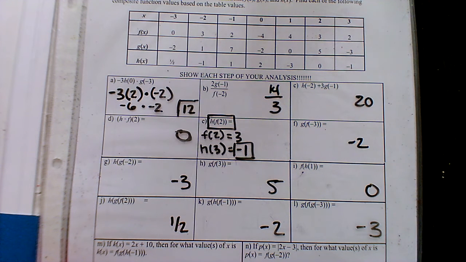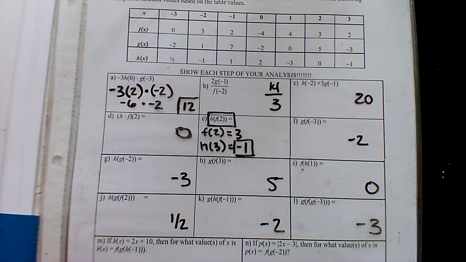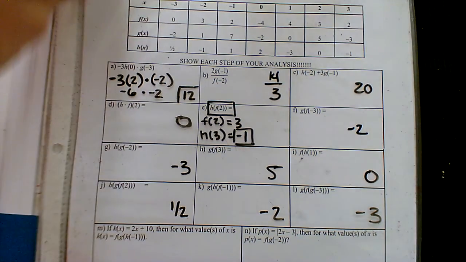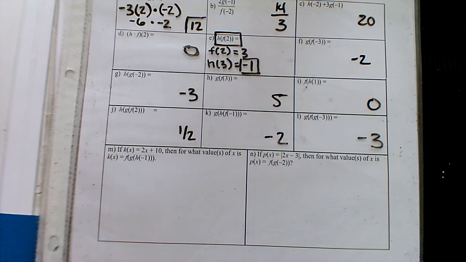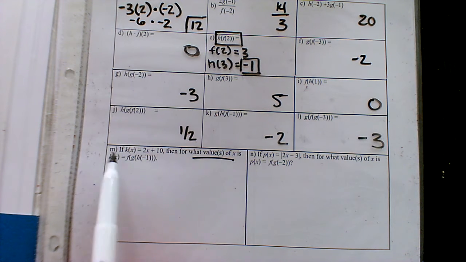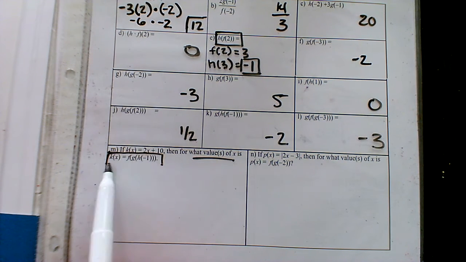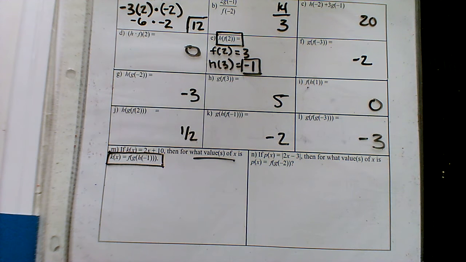We hanging in there? Yeah? Okay. Let's go ahead and relate these to some function notation examples we've been seeing so far this year. Look at M. If the K equation is 2x plus 10, we're going to solve for x that makes this statement true. Function notation can get a little confusing.